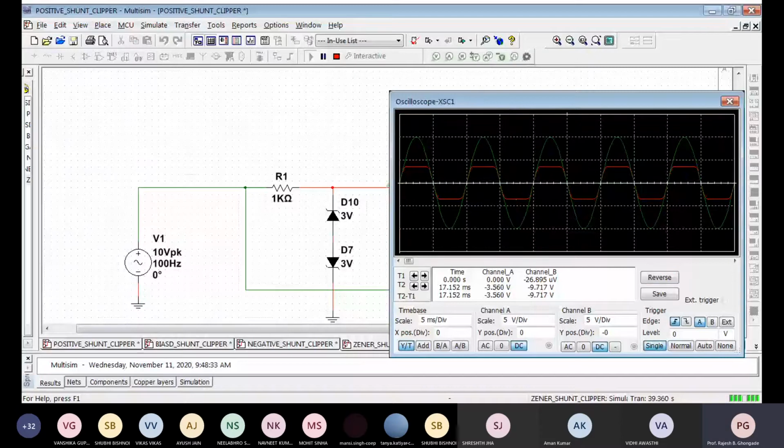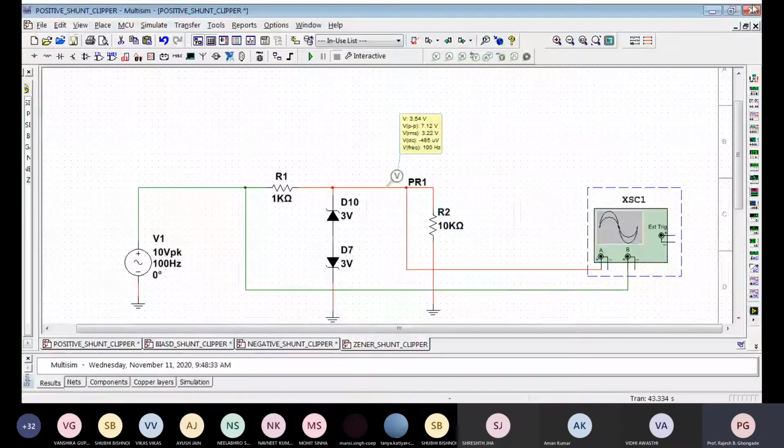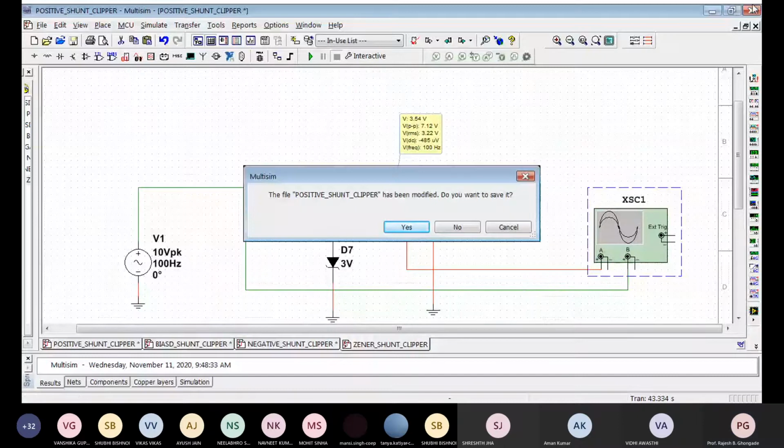Okay. So that brings us to the end of the clippers. Today we will see another circuit which is called a clamper. So just hold on for some time while I switch to the note page.